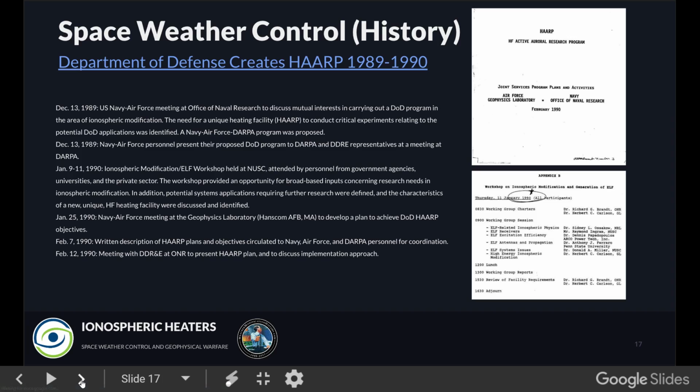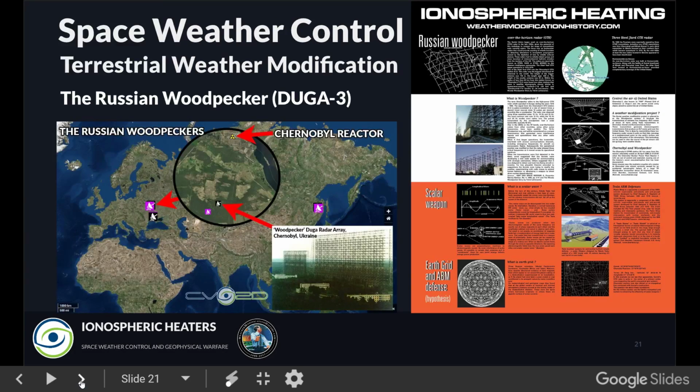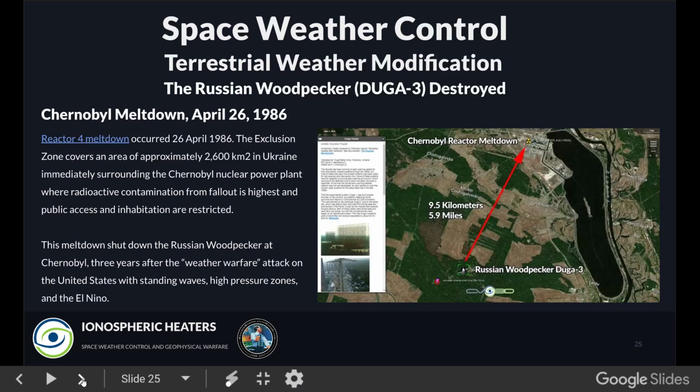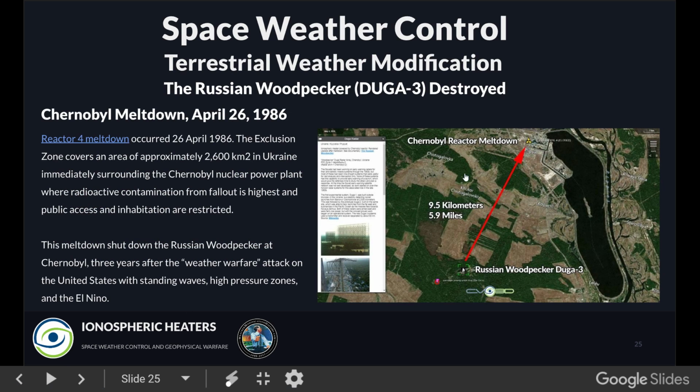And it goes on through all of the history of space weather control and how possibly it was used as a weather weapon. Is ELF able to manipulate the weather? Has a technique devised by Tesla permitted the Soviets to alter the world's weather? All thanks to some chemtrails and how it's related to the Chernobyl meltdown, which was only 5.9 miles away.